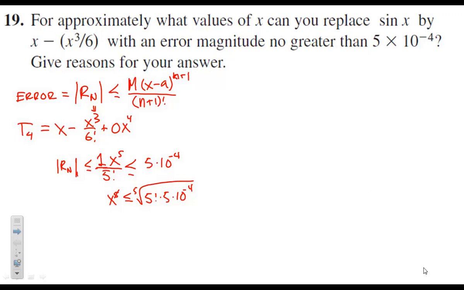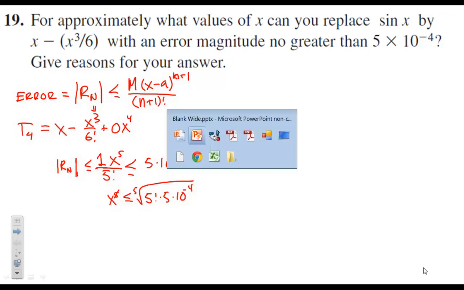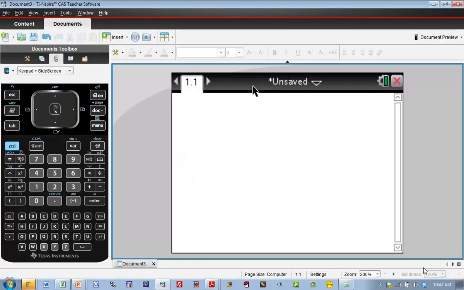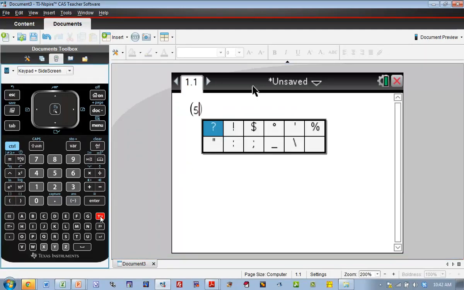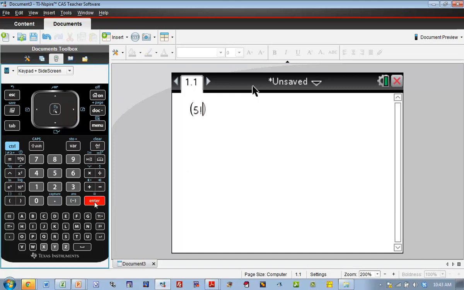When is that true? Well, on the calculator, we can find that out. On the calculator, we can find out what's the 5th root of 5 factorial times 5 times 10 to the negative 4th, and we'll take this to the power of 0.2, which is 1/5, and so there we have it.